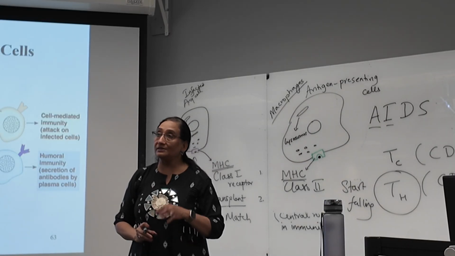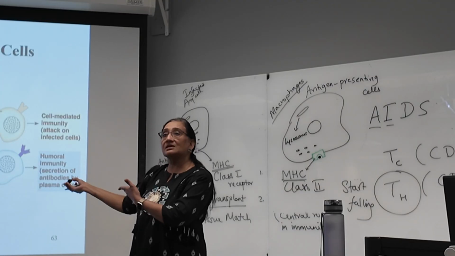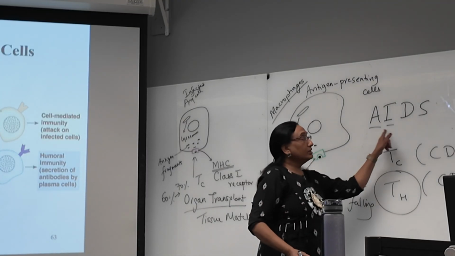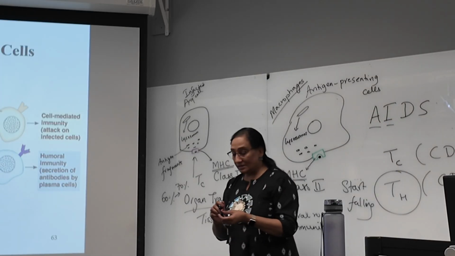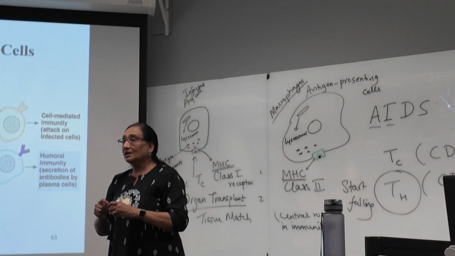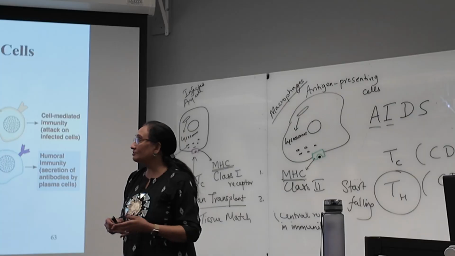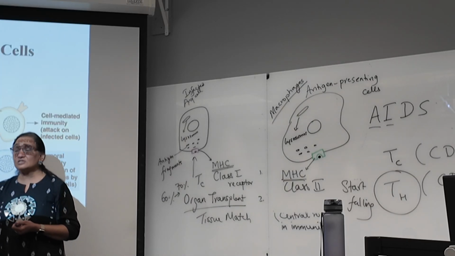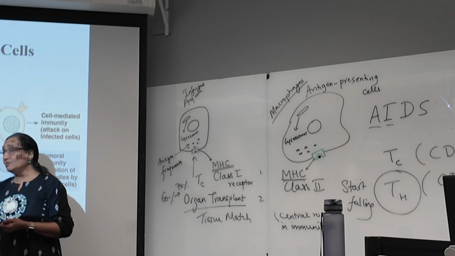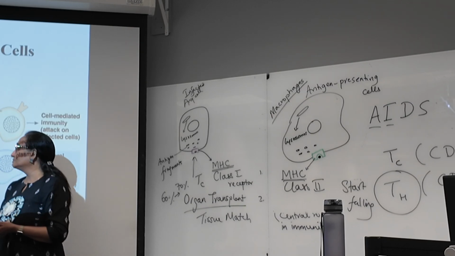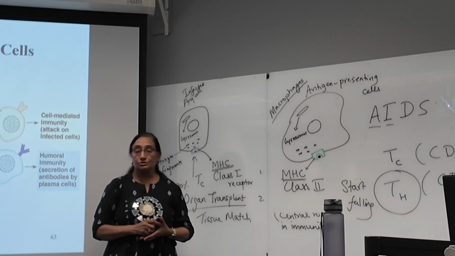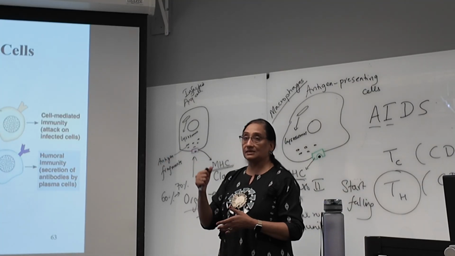Once the T helper cells are gone and acquired immunity is not functioning, the person is at high risk for viral infections, bacterial infections, pneumonia, and cancers, and it's very difficult to save the individual once it sets in.